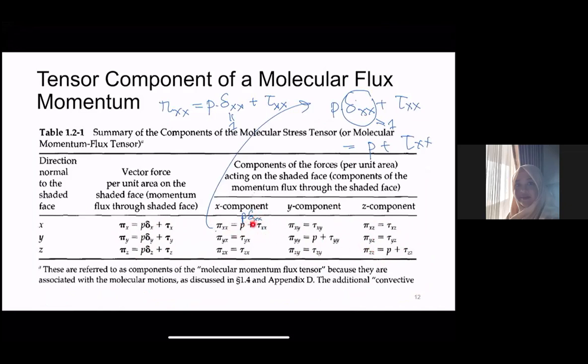The tau xx is actually caused by the difference in the velocity in x, for example, and then the stress should be in the direction of x. Sometimes we don't have a different velocity in x, so sometimes the tau xx can be 0.